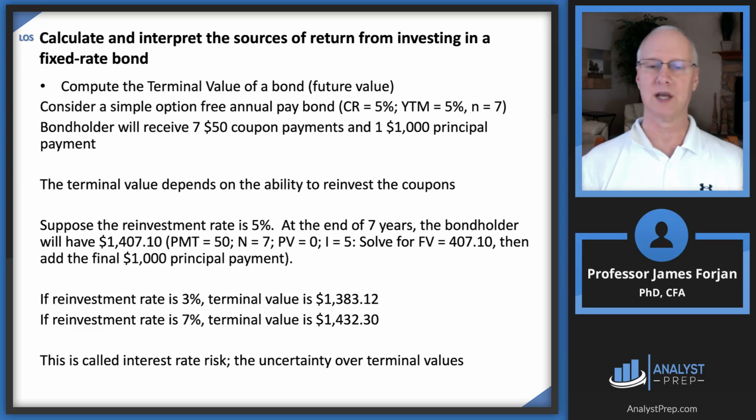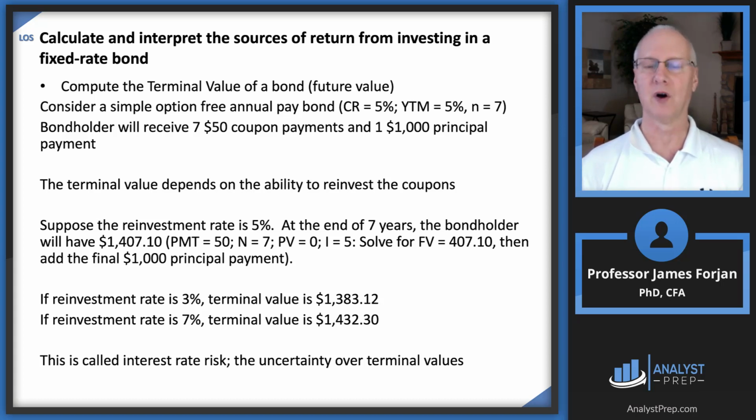I don't show you the math in this slide, but if we can reinvest at a lower rate, let's say 3%, terminal value is just $1,383. And if we can reinvest at a higher rate, let's pick 7%, then terminal value is $1,432. So note that at the end of 7 years, the bondholder really doesn't know what he or she is going to have in terms of a terminal value. It depends entirely on that reinvestment rate.